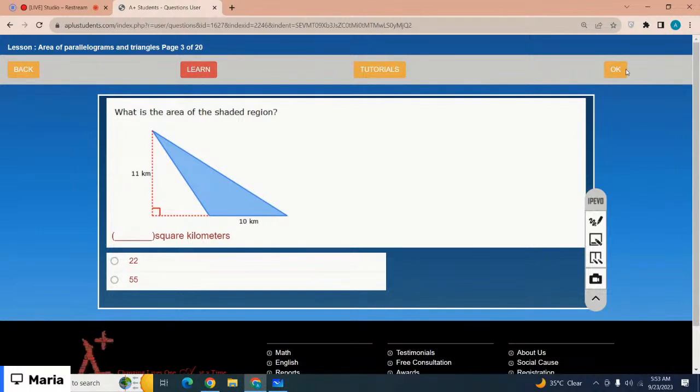Okay, what is the area of the shaded region? So which is the correct option? You have to do half times base times height. So it is, that would be 55 square kilometers, right?